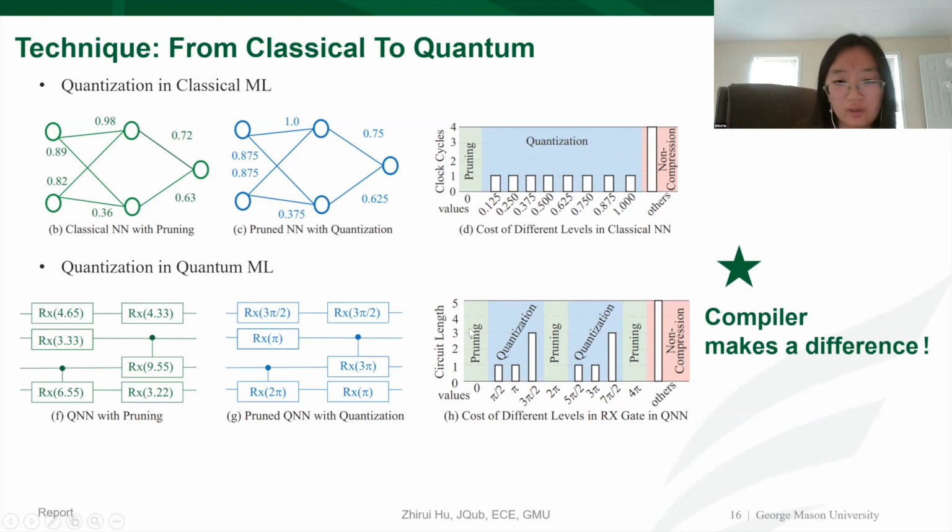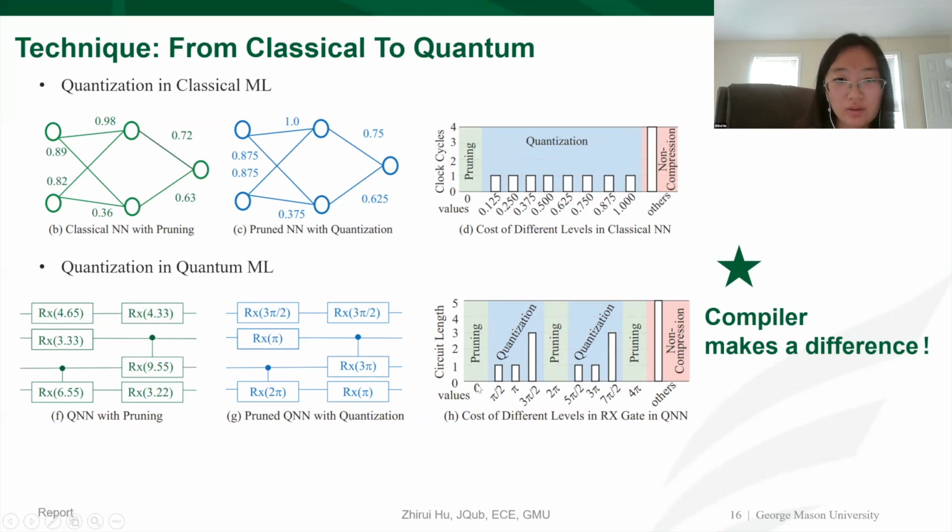If the parameter is 0, 2 pi or 4 pi, the gate will be removed, and if the parameter is a multiple of pi over 2, the length will be changed, but not to 0.